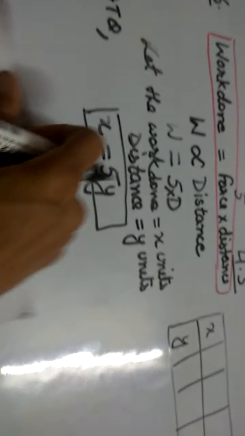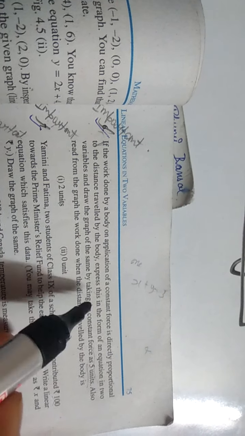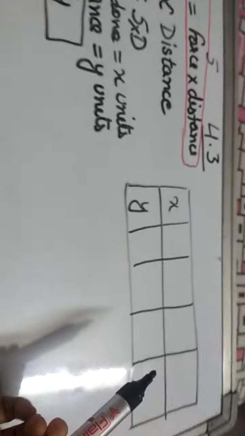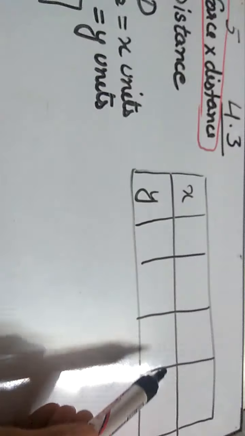Now what they have told us to do: express this in the form of an equation. So we have converted it into an equation in two variables, and draw the graph for the same. Now let us draw the graph for this. For the graph, I told you earlier, we will find out minimum 4 coordinates.